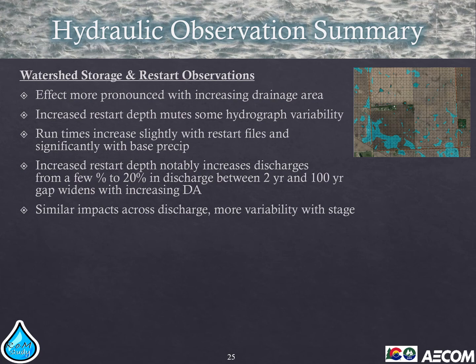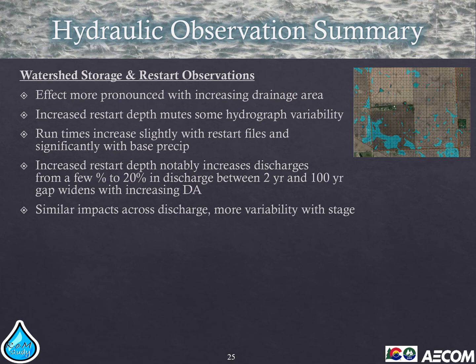Also, we saw that the run times increased slightly while using restart files and then significantly while using a base precip. We also saw that increased restart depths will notably increase discharges, anywhere from a few percent to even up to 20%, just varying between a 2-year depth and a 100-year depth used in the restart file, and that gap will widen between the two with increasing drainage area.